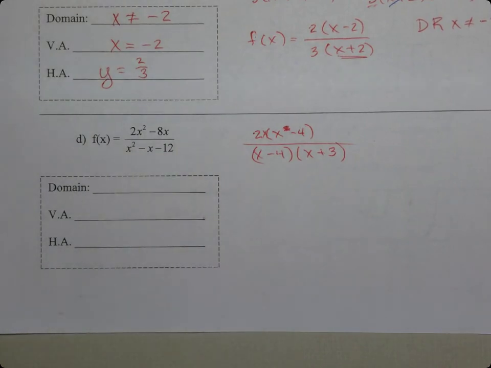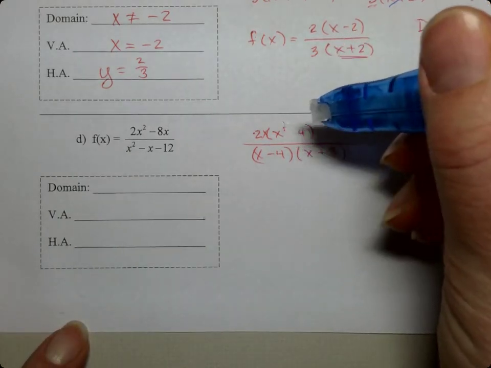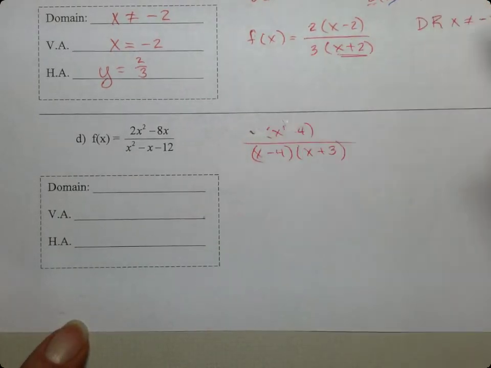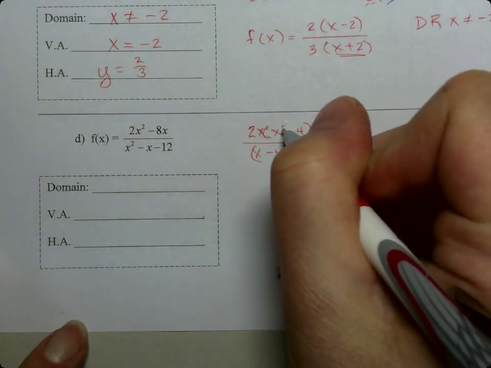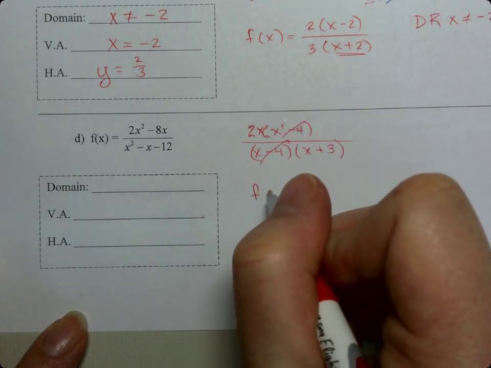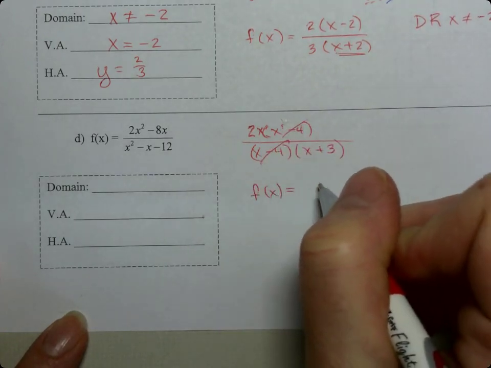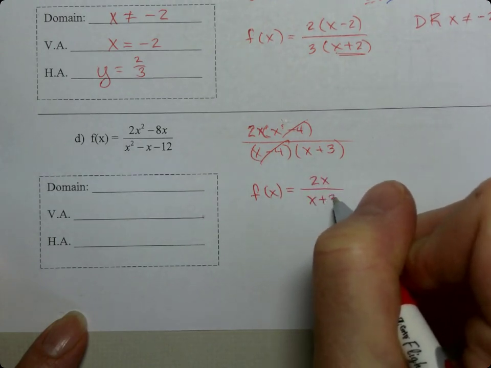And then, does anything cancel here? Yeah, the x minus 4's cancel. All right, let me fix this up here. So we should have that 2x out front, and then the x minus 4 is going to cancel. So the cleaned up is going to be 2x on the top and x plus 3 on the bottom.